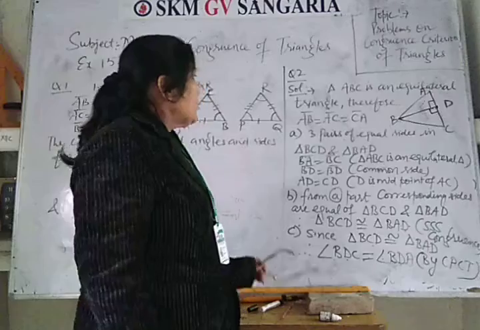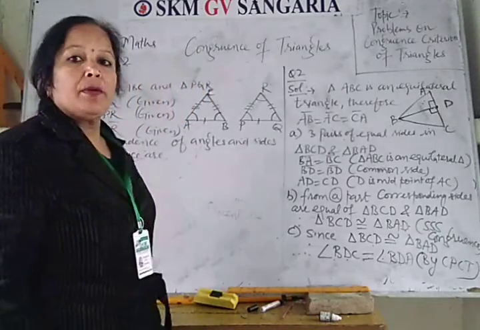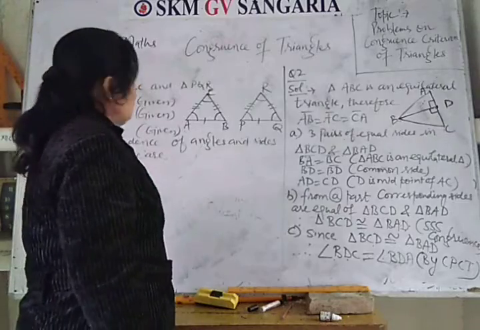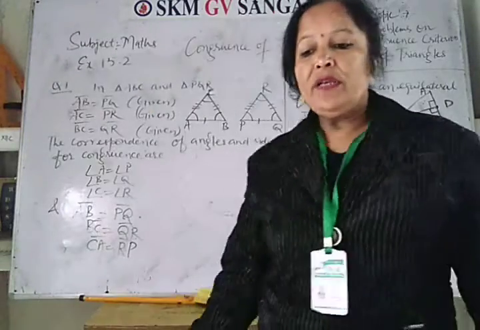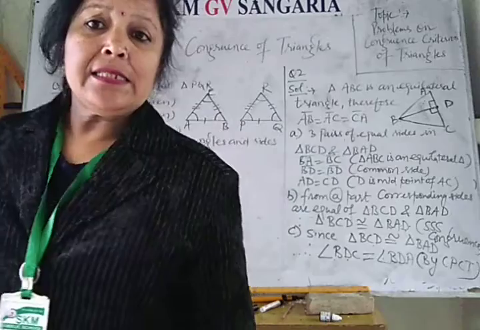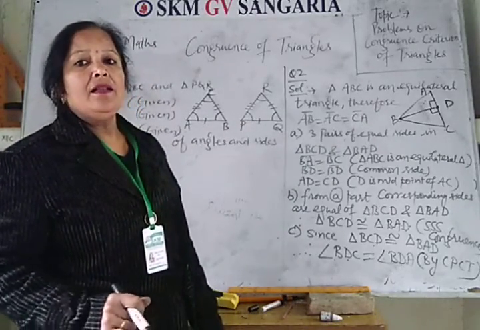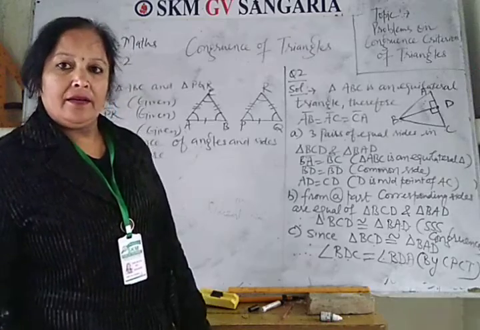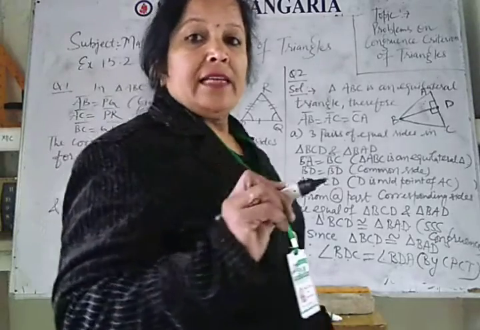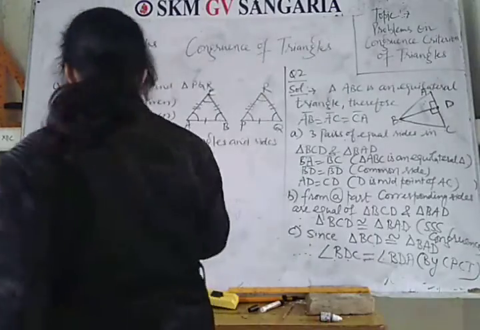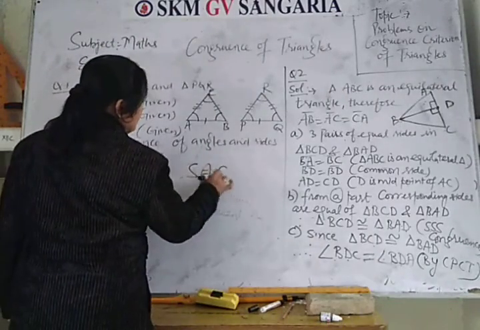So this is the solution of question number 2 here, and try to learn the congruence criteria SSS and SAS, that is side, angle, side. SAS is the second rule.